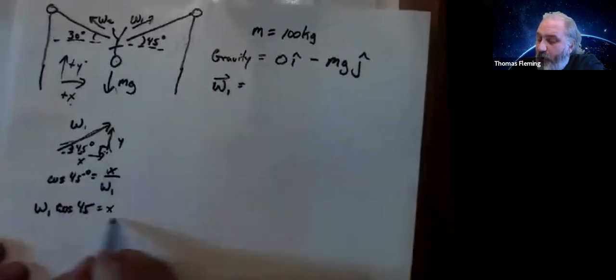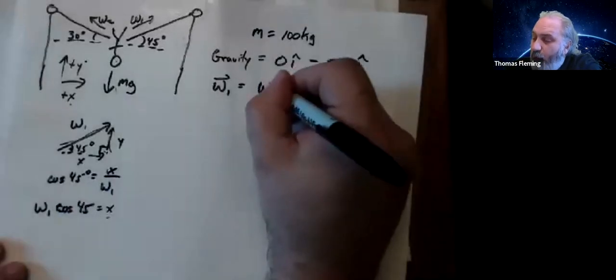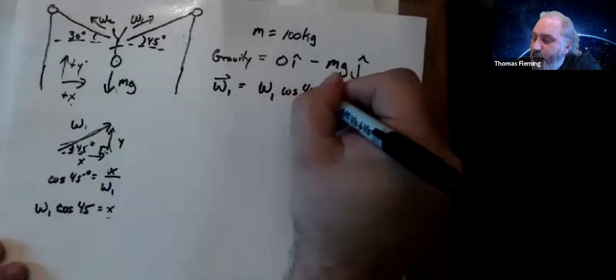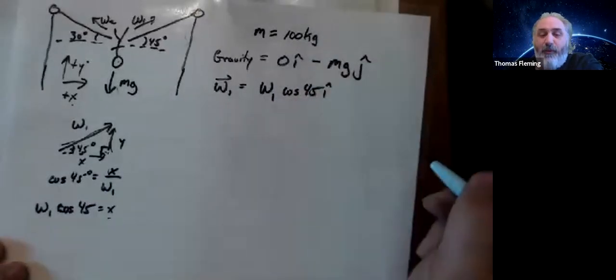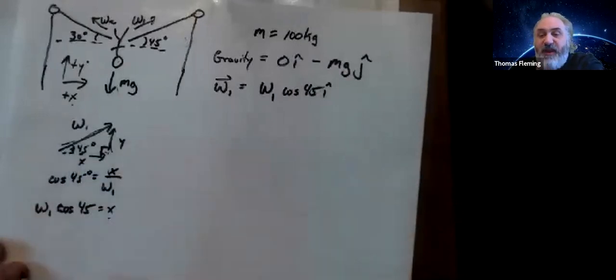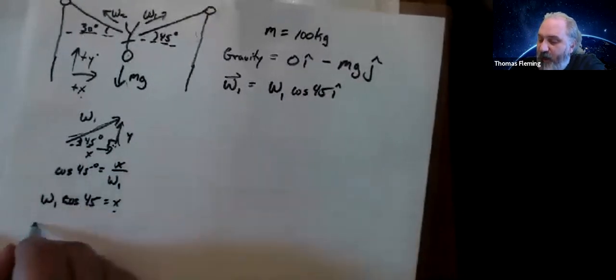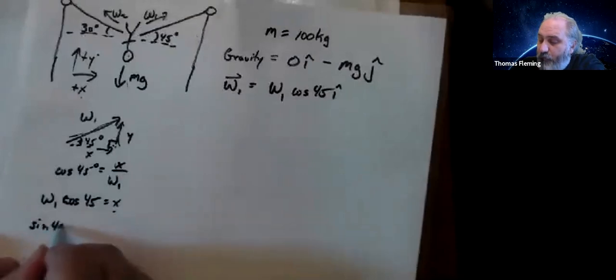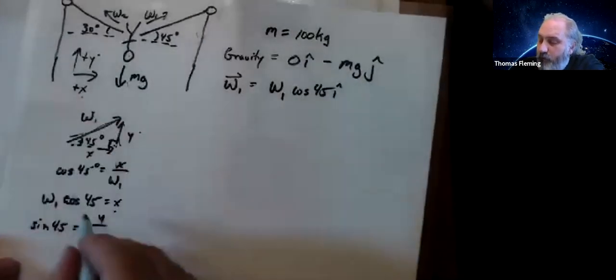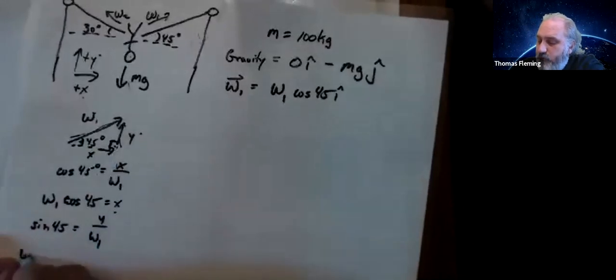So the x component is going to be whatever the total force is times the cosine of 45. That's the I hat part. And this same trick with the sine will get me the j hat part, because the sine of 45 is opposite over hypotenuse.